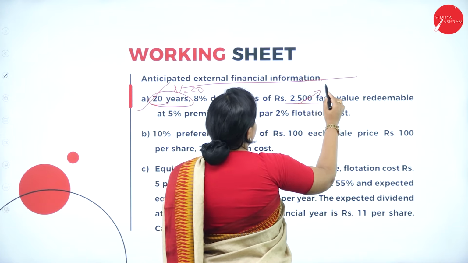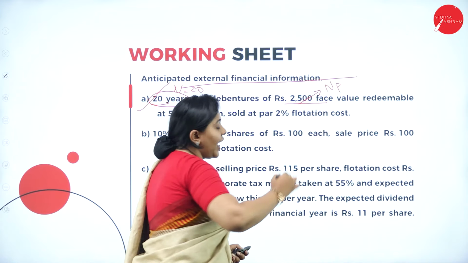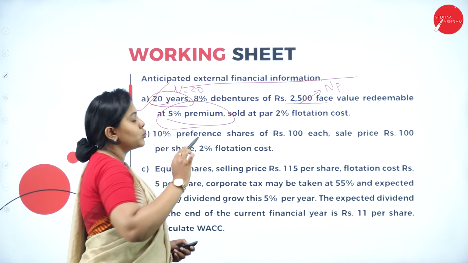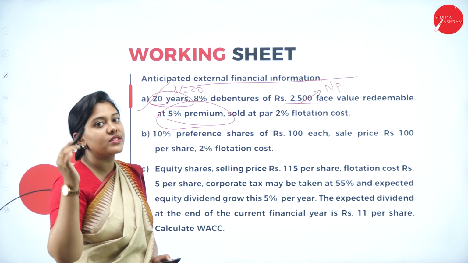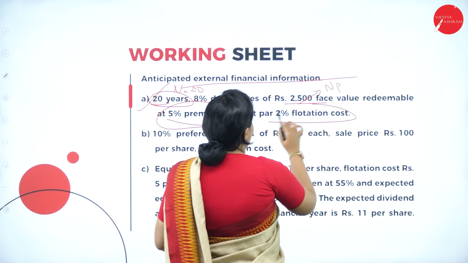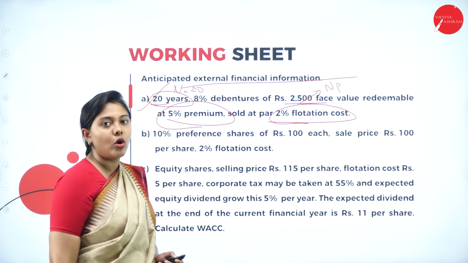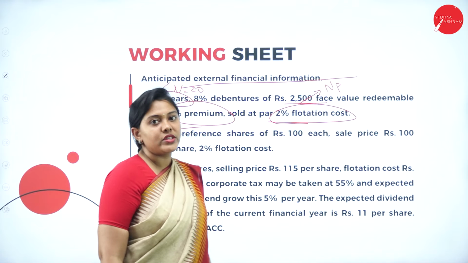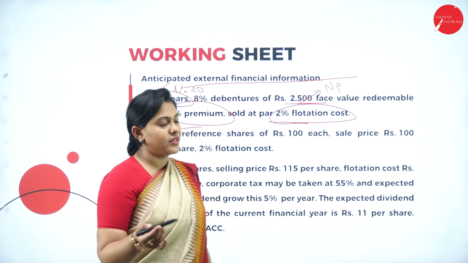While redeeming, we are redeeming at a 5% premium, so 2,500 into 5% will be the maturity price. Sold at par, with 2% flotation cost, you need to deduct 2,500 into 2% from your net proceeds.